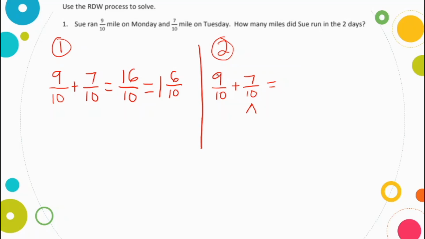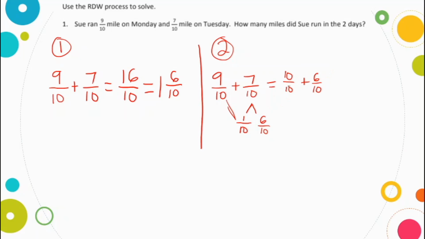We know that we have 9/10, and 9/10 is really close to 10/10 or 1 whole. So what if we just take 1/10 out here and make a little number bond, right? 1/10, and then we have 6/10 left over. Well, we can put this together, and then that makes 10/10 or 1 whole, and then we're left with 6/10.